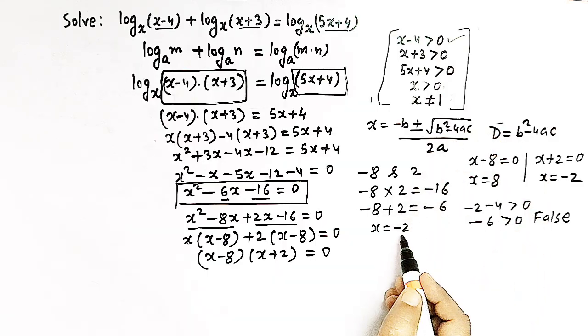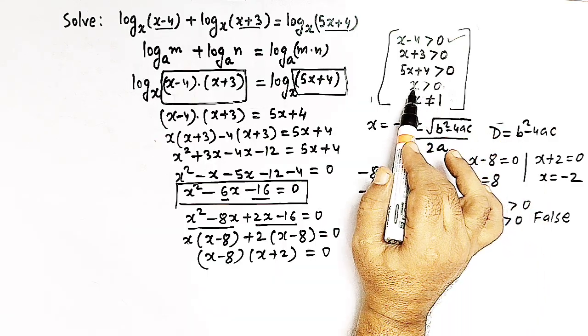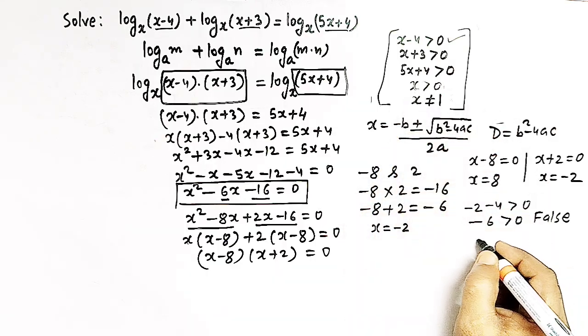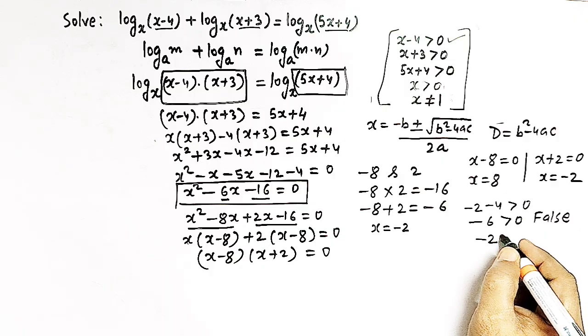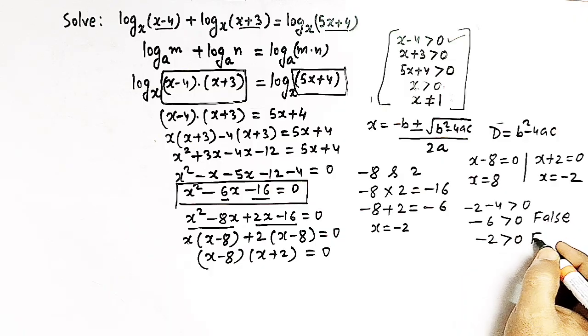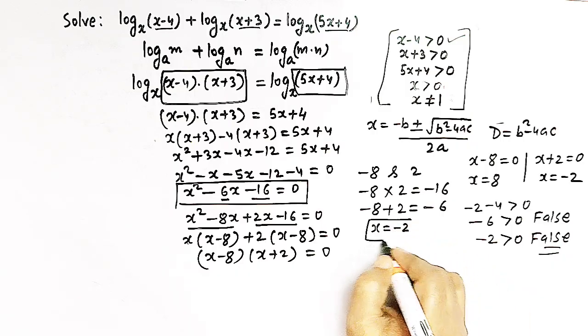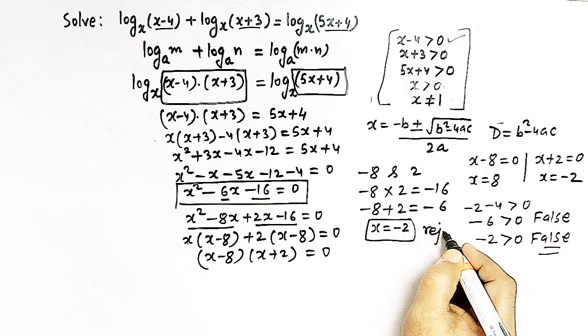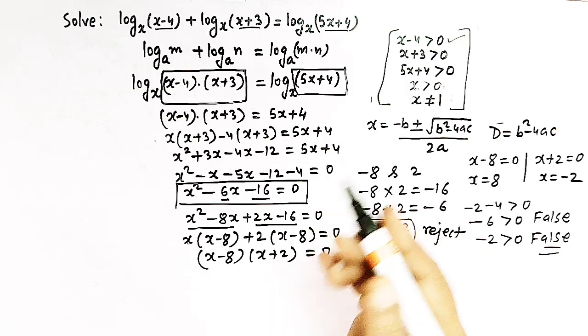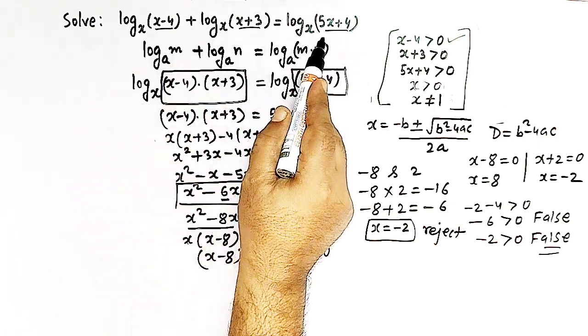And similarly this value does not satisfy x greater than 0, because minus 2 is greater than 0. This is again a false statement, right? So we can reject this value of x as a solution of this equation, right?